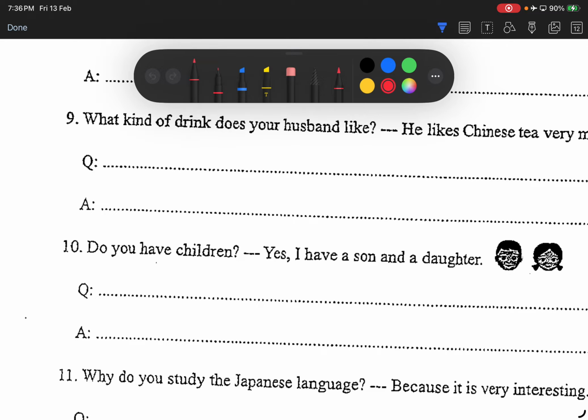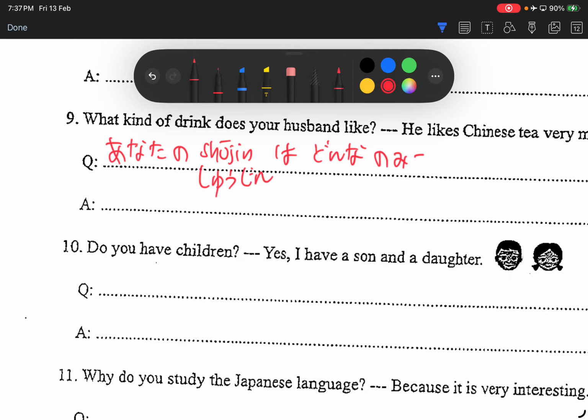Although it's not the best way to say it very naturally, we still learn it like that. 主人はどんな飲み物が好きですか? So が好き is together.